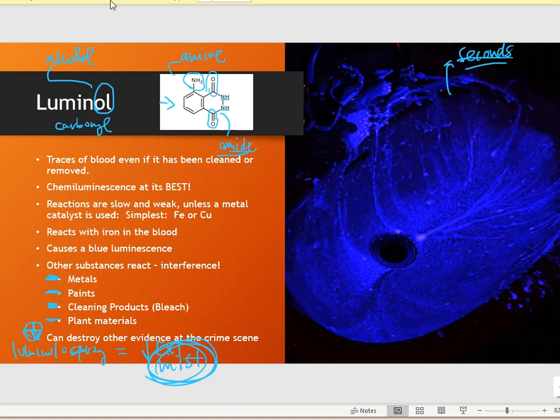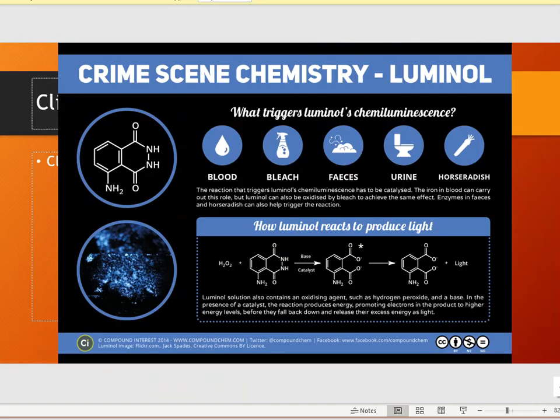So why is it called luminol? Well, sometimes these kinds of names happen for common reasons. They don't really think about it that much, and they can term this luminol with an OL ending, but it not have an alcohol group at all.